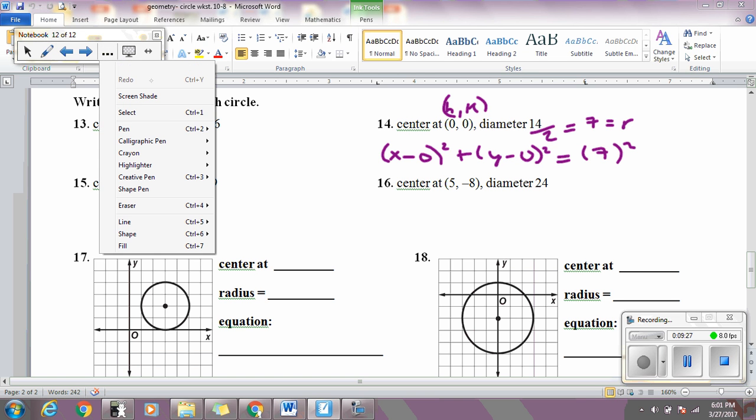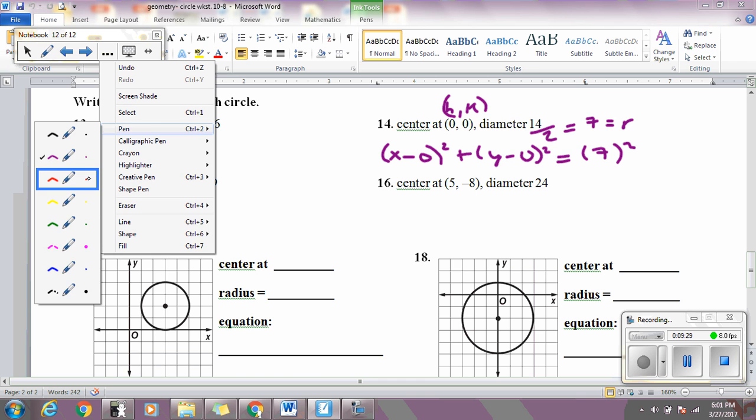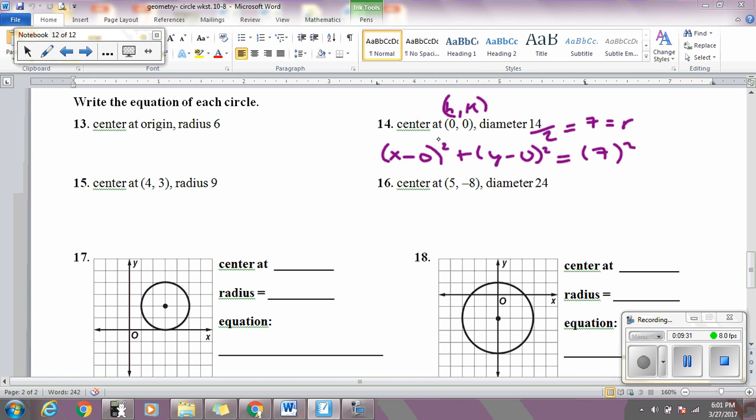But again, write it in its simplest form. So x minus nothing is simply x squared. y minus nothing is y squared. And 7 squared is 49. So that's the final equation for that one.